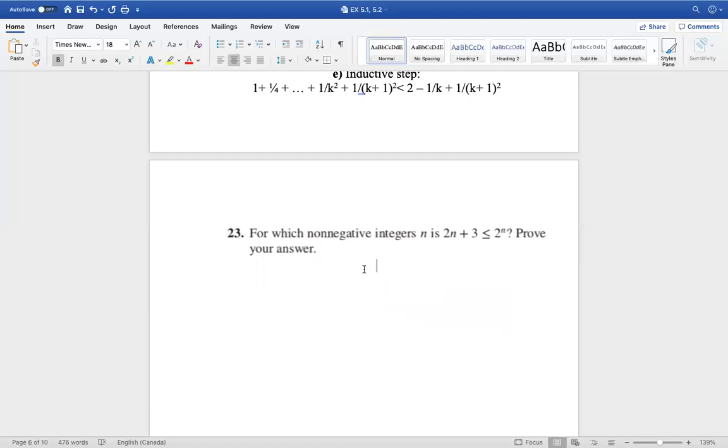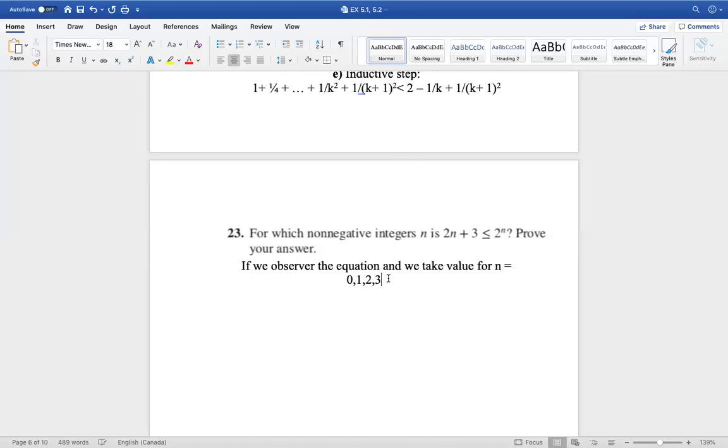Prove your answer. So we have to prove it using mathematical induction. If we observe the equation and take values for n equals, let's say, 0, 1, 2, 3, right?